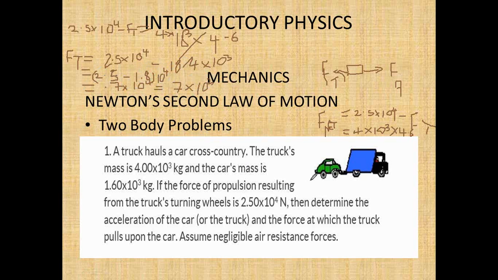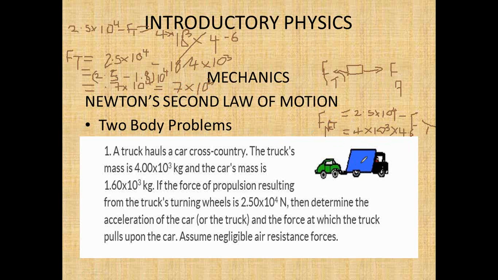So the big truck, the tow truck, is pulling the car. There's a tension in this cable, and the tension in the cable is 7 times 10 to the power 3. The first thing you have to do is look at it as a system.